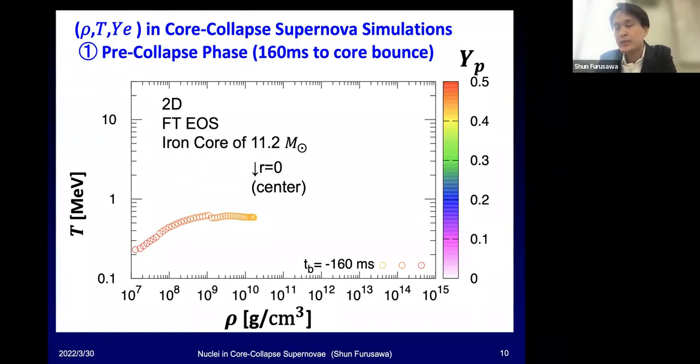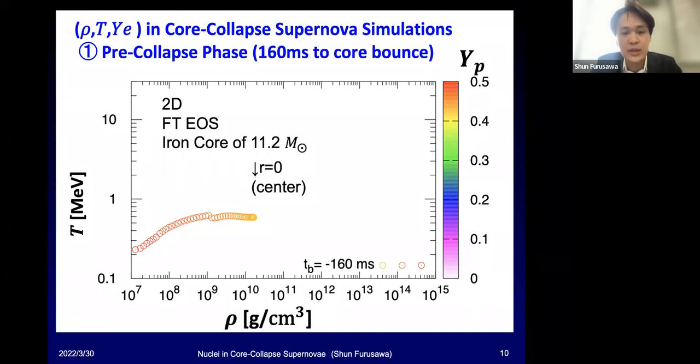And I will discuss nuclei in core-collapse supernovae and some dynamical conditions in these simulations. We assume axial symmetry, so we perform 2D supernova simulations using the FT EOS, the NSE and variational method EOS.